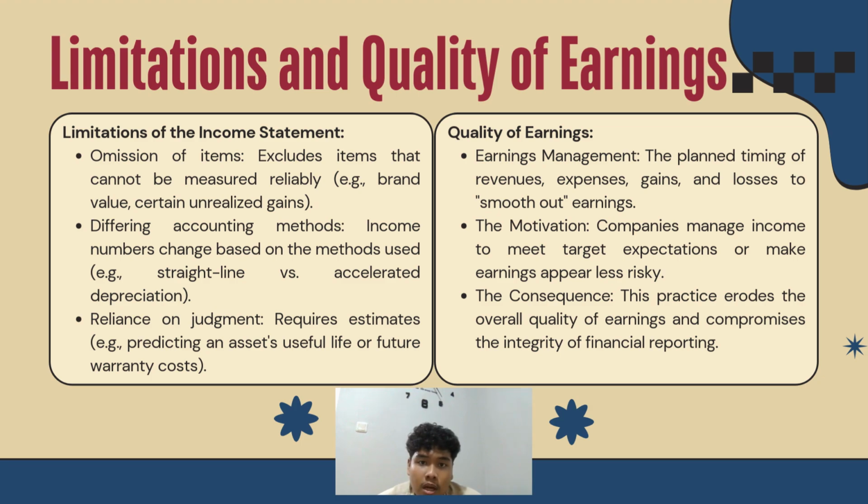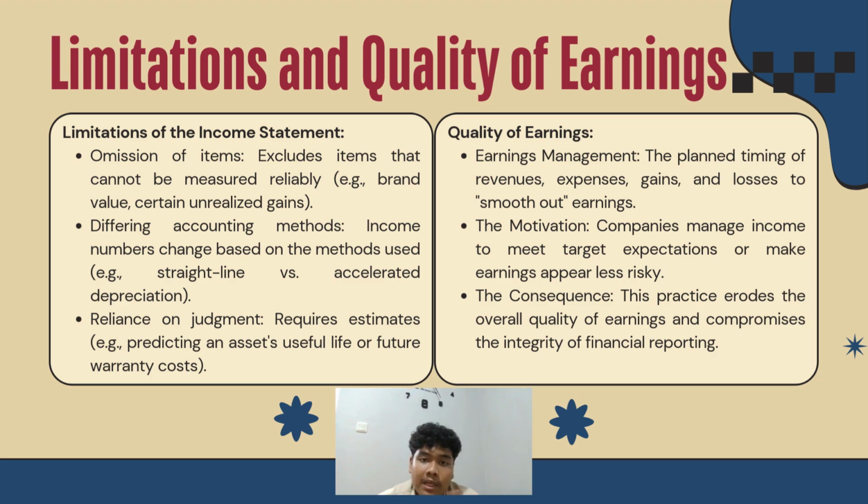For instance, a company using straight-line depreciation will show a different income number than one using accelerated depreciation. Third, income measurement relies on a lot of human judgment and estimates, such as predicting the useful life of an asset or estimating future warranty costs.